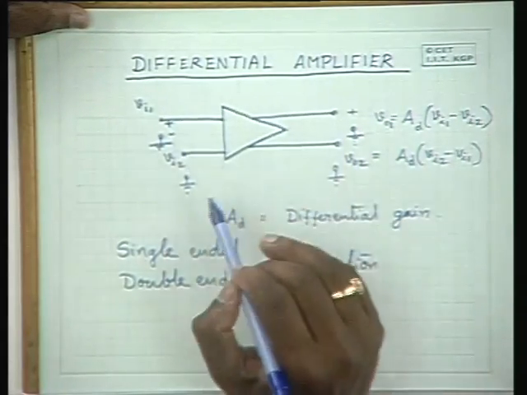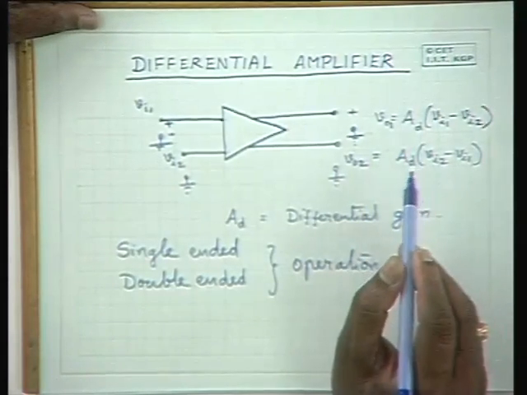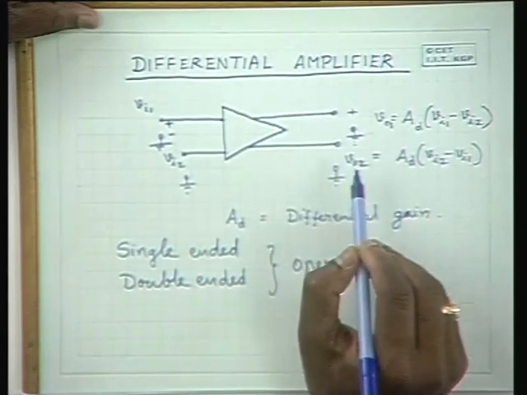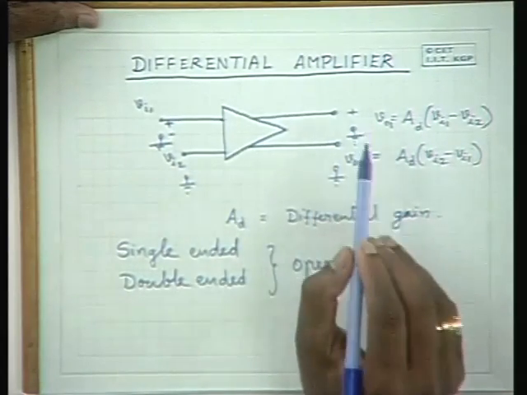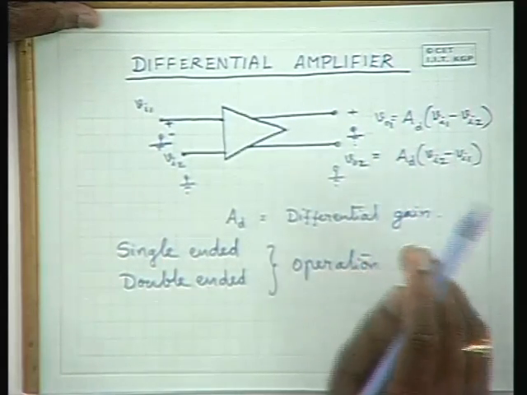Yes. So, these two signals appear at both the outputs. Under common mode signal, you will have a common mode signal present in phase at both the outputs, and the differential signal appears out of phase at both the outputs.